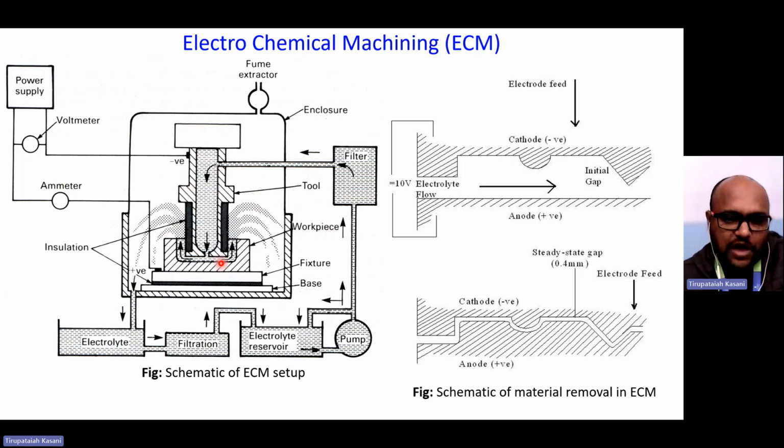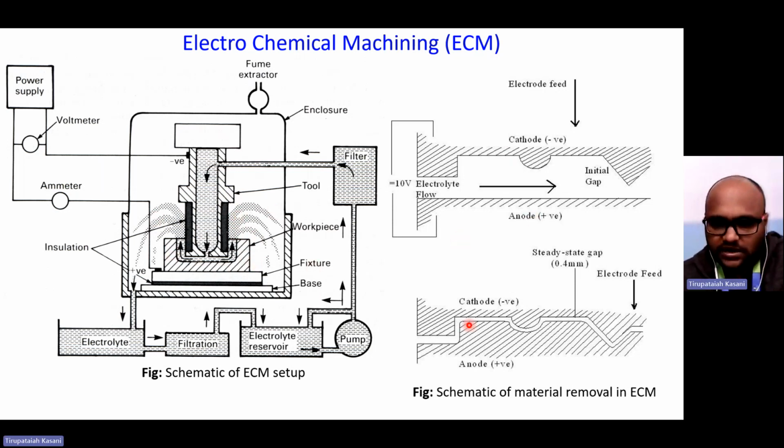All these are process parameters which can control the material removal in this region. If any chemicals are evolved from the workpiece material during the machining process, all of those are extracted out through this fume extractor. This is the machining zone.